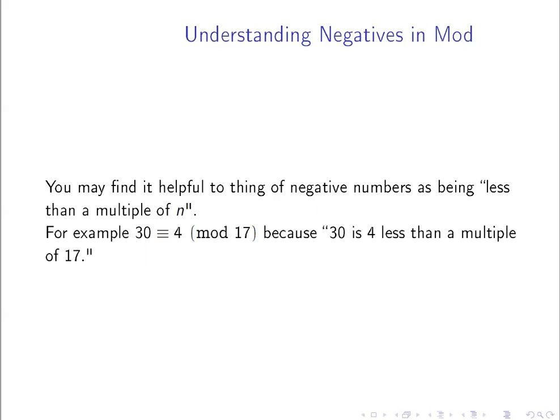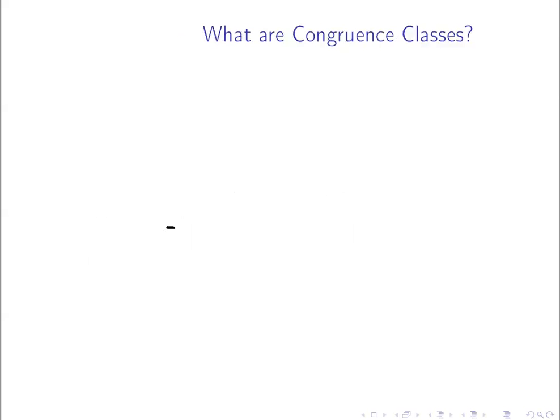So 30 is congruent to -4 mod 17, because 30 is 4 less than a multiple of 17, i.e. 34. So when we're dealing with our congruences, these are things we have to consider and understand.